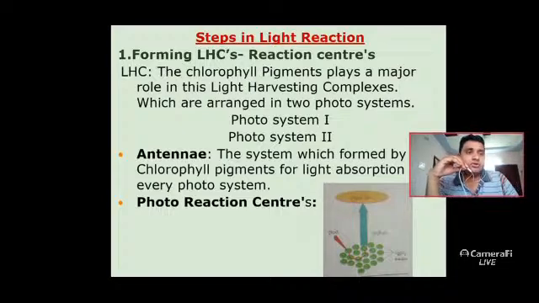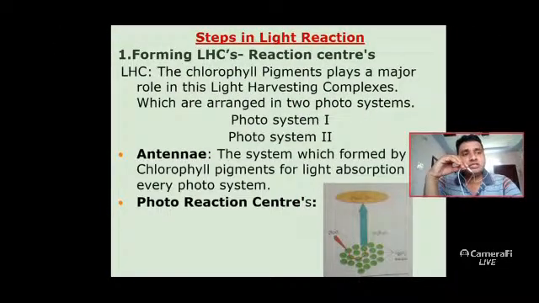Those centers where actions happen are generally called photoreaction centers. We already know that in photosynthesis two photosystems are there, photosystem 1 and photosystem 2. So two separate reaction centers are there for photosystem 1 and photosystem 2.